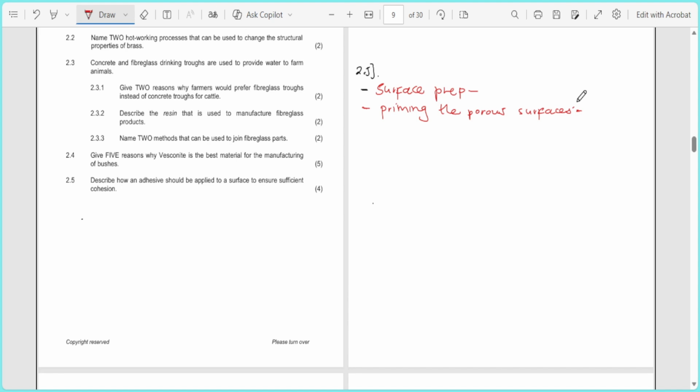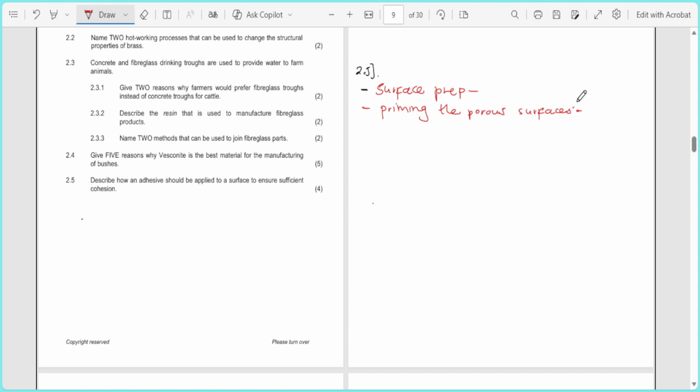So we are priming the surface now. This prevents adhesive absorption, ensuring full coverage at the bond line. We are trying by all means that the adhesive that is going to be used is not absorbed by the material.